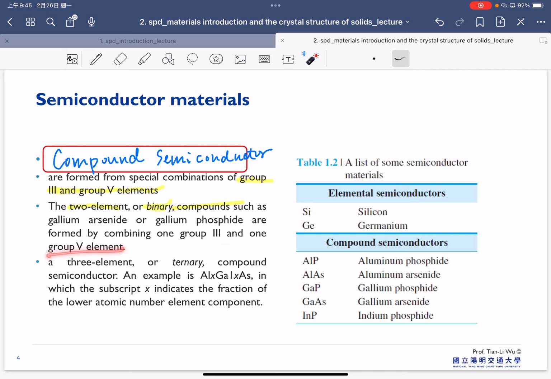Beyond two elements, it is also possible to have a three-element combination, for example aluminum gallium arsenide. That's also a very popular semiconductor material that we are using now.